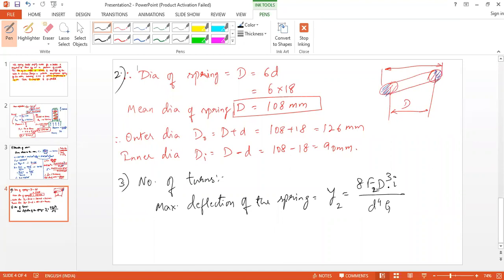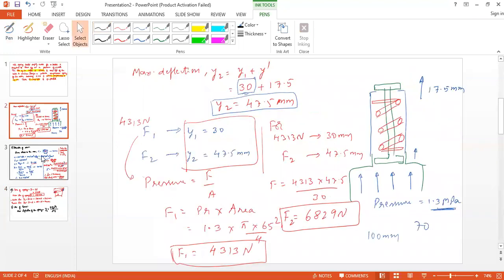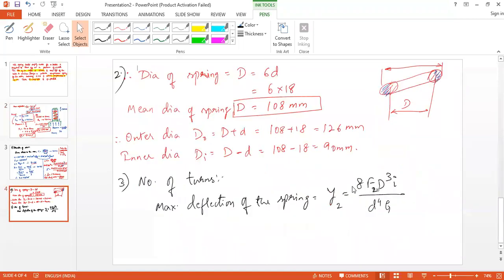See, you can take y1 and F1 also. You will not get a different value, you will get the same value. But technically, we should take y2 and F2. Here we have found out this F1 and F2 based on assuming that they are linear. If they are linear, then you will get the same answer here.